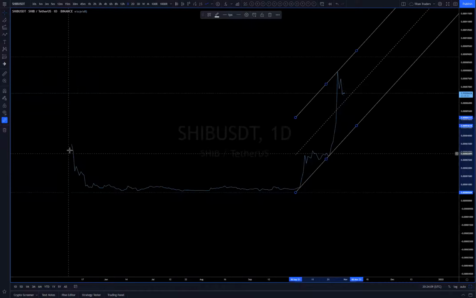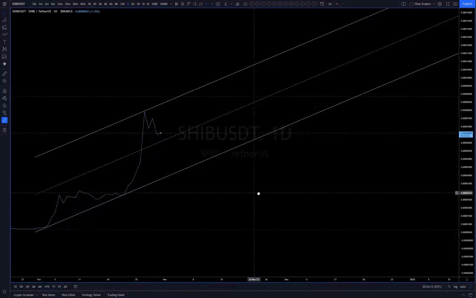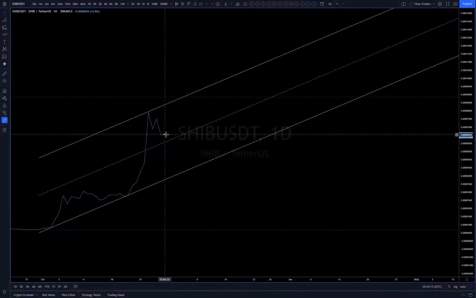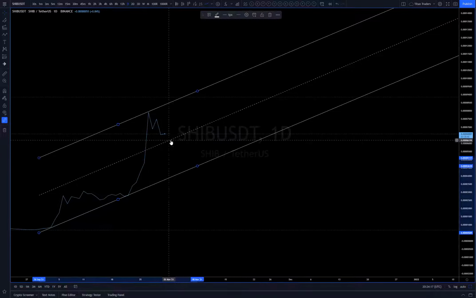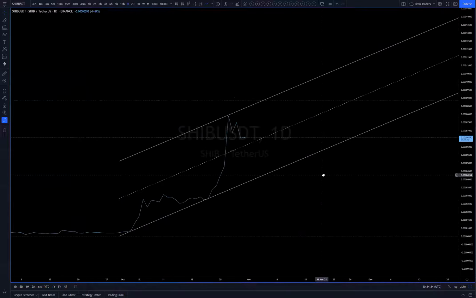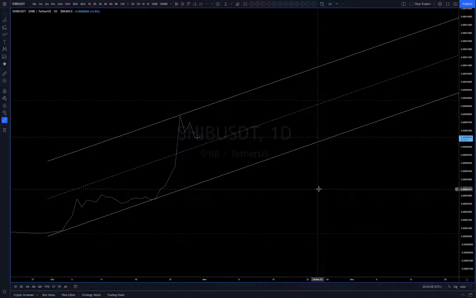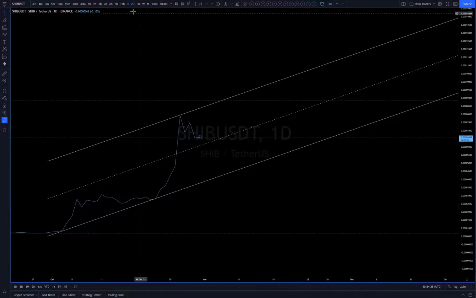I'm not going to draw a channel from here. It just doesn't feel right. And if this is going to retrace, this is where I would expect it to ideally come down to, the mid-level. Currently, just looking on the line chart, you can see SHIB is making lower highs and lower lows. So that's the natural way of retracement.